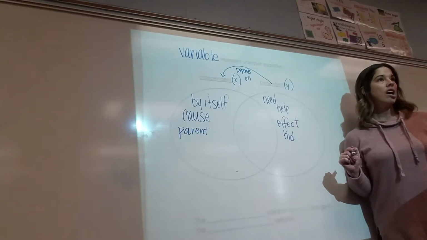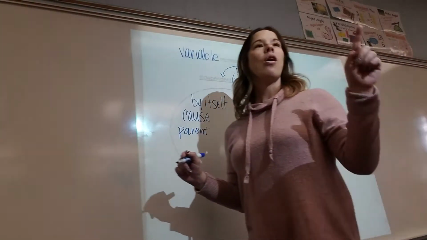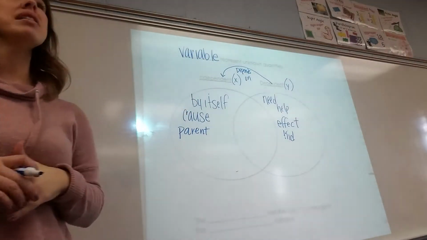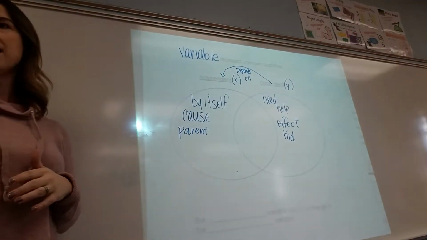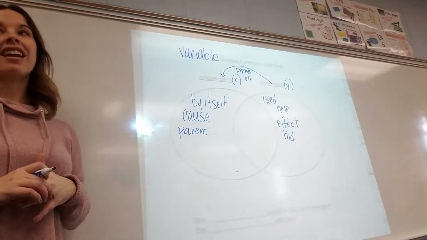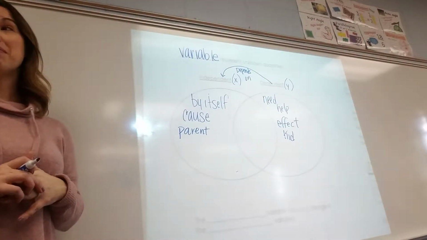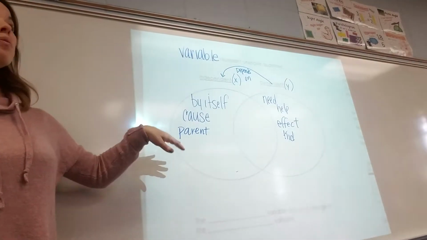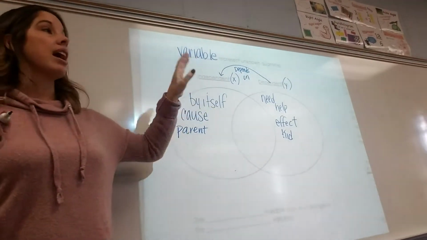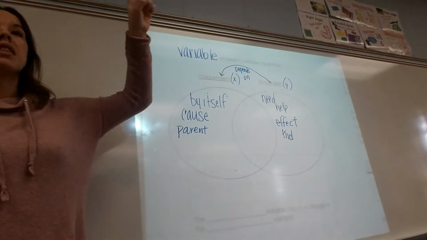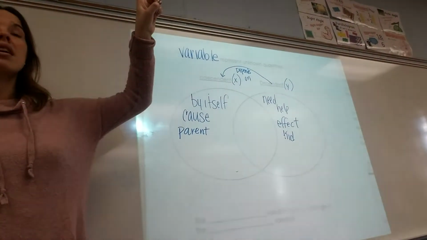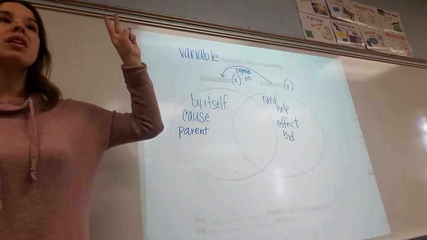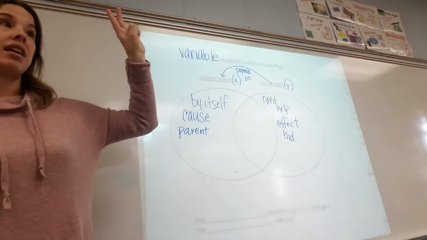So think about it. What depends on what here? Ty? The amount of chores he does depends on how many V-Bucks he gets. No. Because what changes here? Which one can change? Which one can affect the other one?